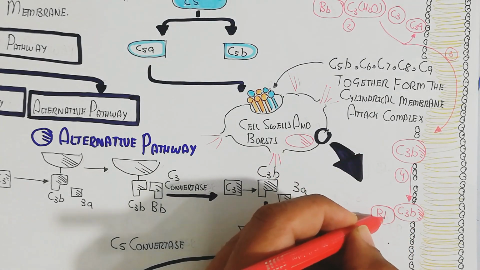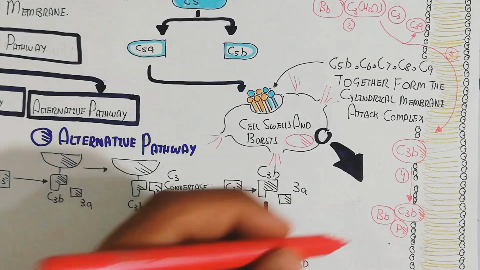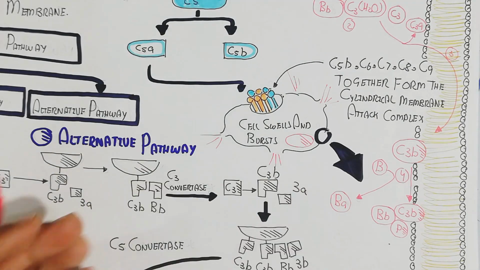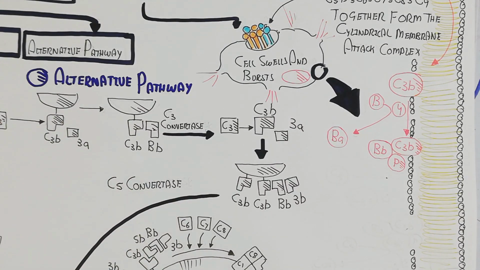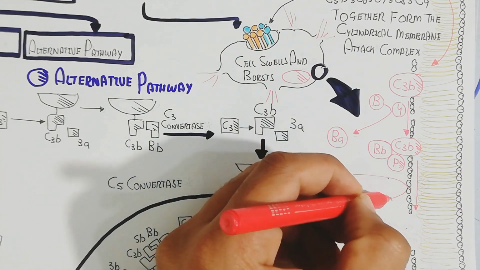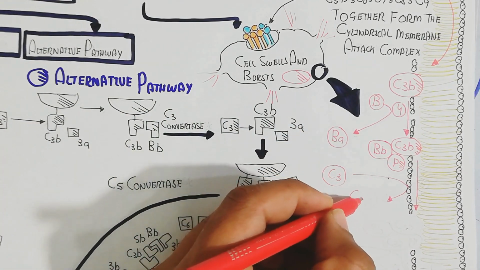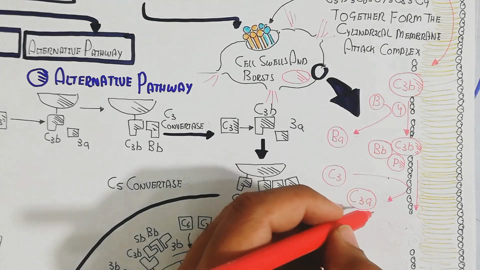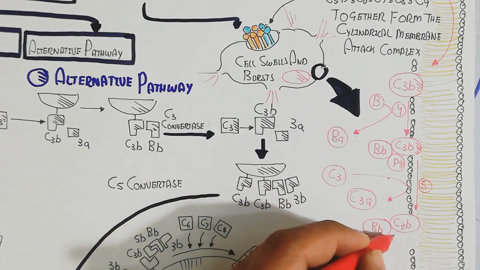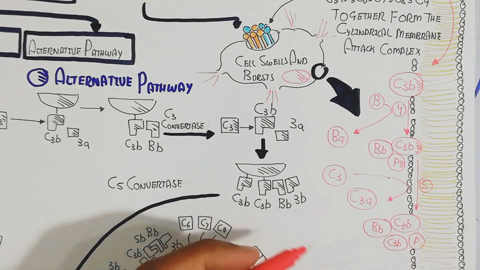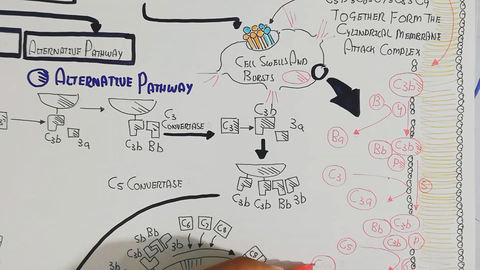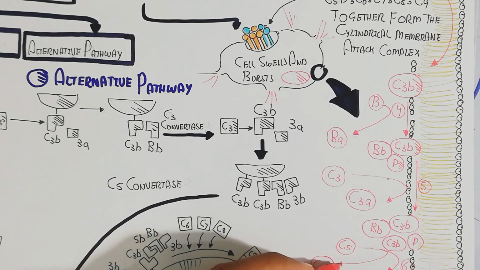And in this way, the C3 and C3a, basically the B and Ba, will lead to produce the C3 and C3a. They form step 5, the B and small b, and C3b with a phosphate group attached, and in this way the C5 convertase enzyme produces C5a and C5b.